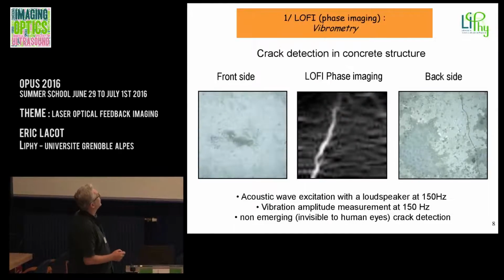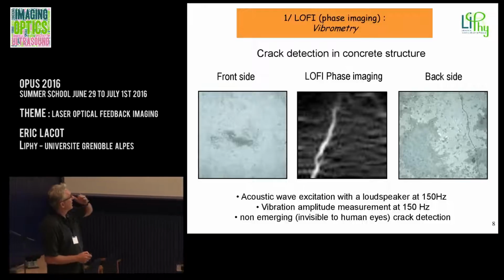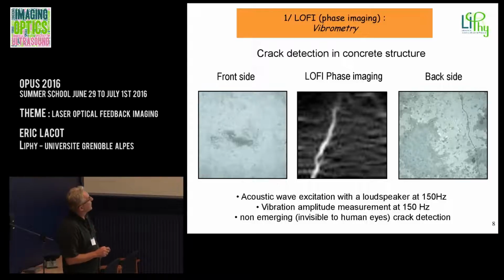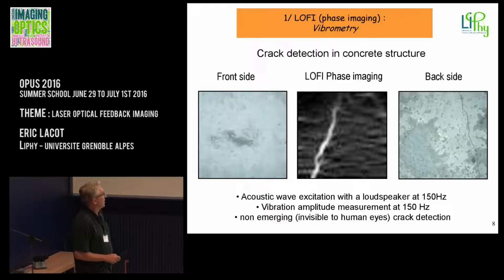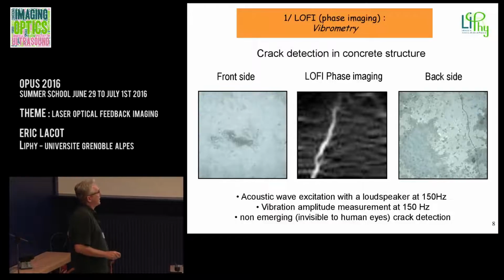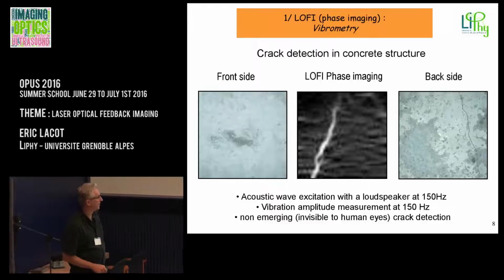Another experiment, for vibrometry: here we try to detect a crack in a concrete structure. Here you can see the front side of the concrete structure, and here the back side. As you can see, there is the crack. This is a non-emerging crack, since the crack is not visible on the front side. The concrete structure is excited with a loudspeaker at 150 Hz.